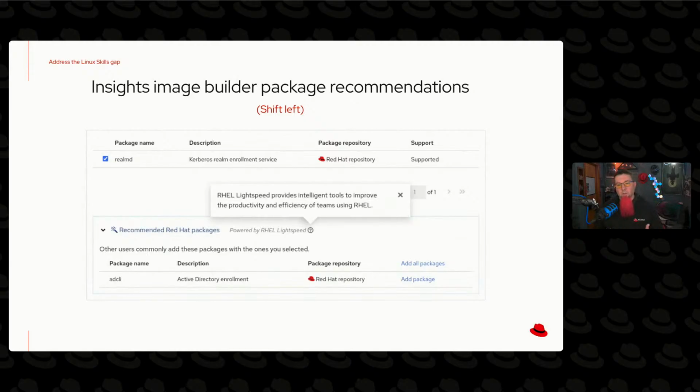Well, Lightspeed knows that a lot of people who install realmd also install adcli, because they're probably going to join this system to an Active Directory domain. Now, maybe you're not, but if you are and you forgot to add that package, then you would have gotten all the way through the installation process before you realize this tool that you needed post-installation now has to be installed. So the idea here is that this is meant to help you identify those packages before it's too late, so that you don't have to go back and rebuild that image and redeploy.